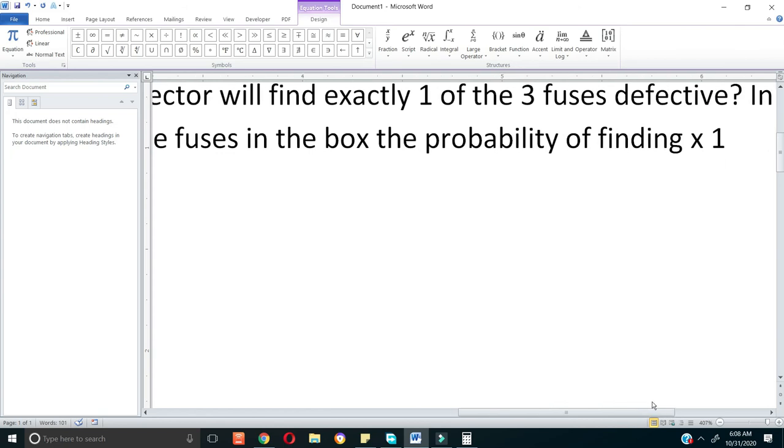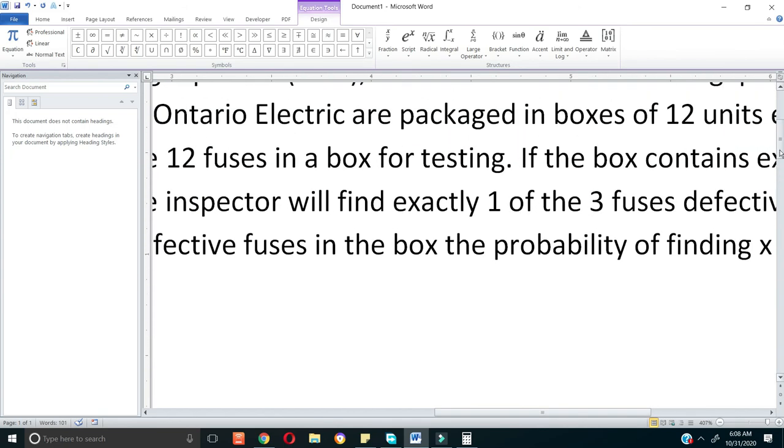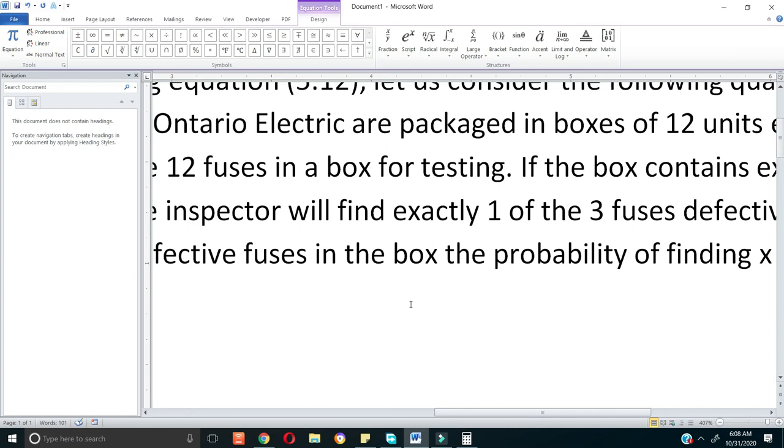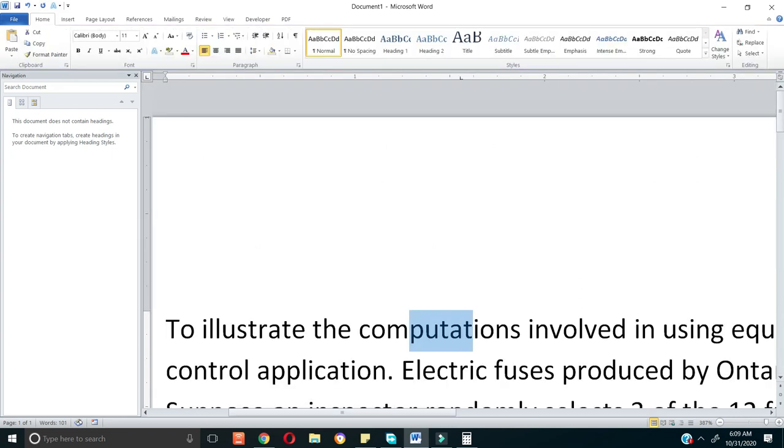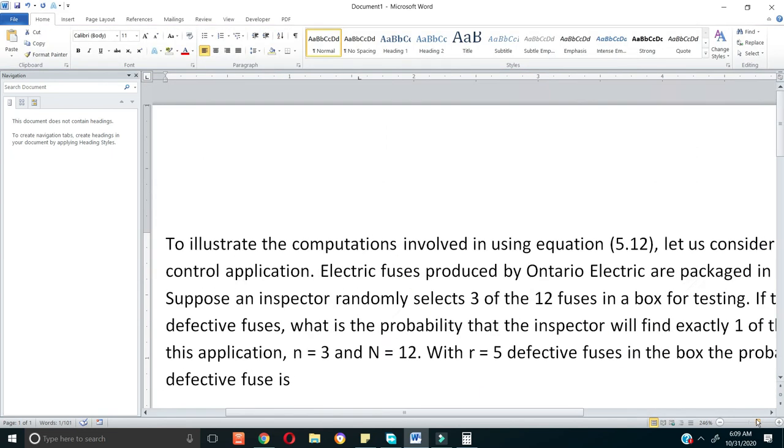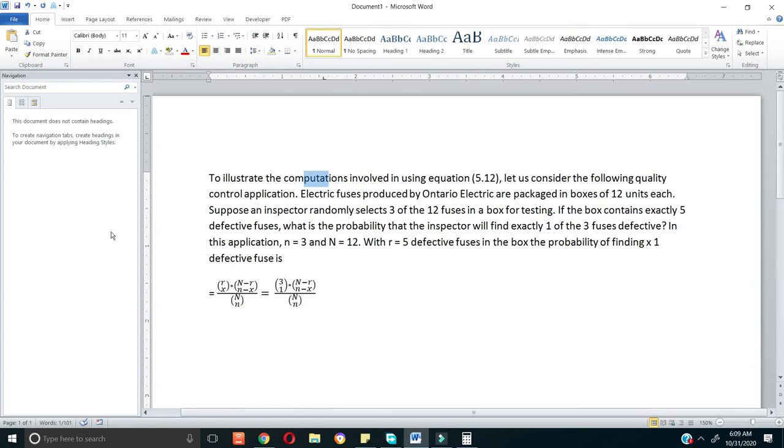One of 3 fuses are defective. 12 units, if the box contains exactly, let me just zoom this down a bit, exactly 5 defective fuses. So it's actually 5, and you want to pick out exactly 1. What's our probability we find exactly 1 of the 3 fuses defective?